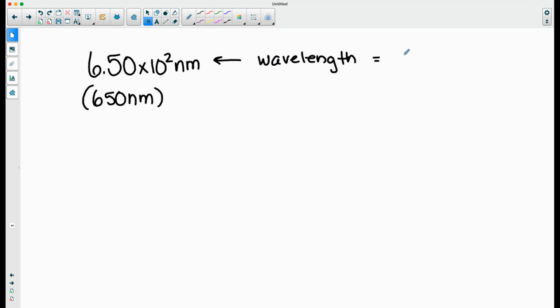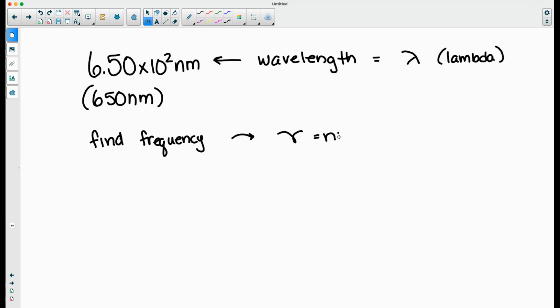Wavelength, remember, is represented by lambda. We want to find the frequency. Frequency is nu.